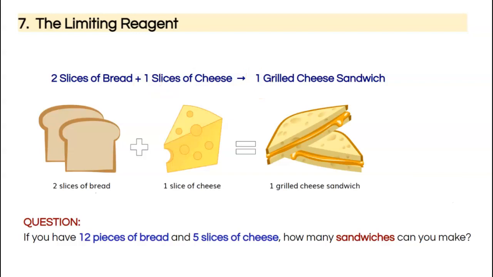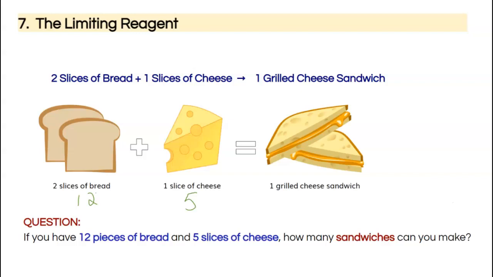And so let's say that I had a bunch of friends over and I was looking to make a bunch of grilled cheese sandwiches, and I saw that I had 12 slices of bread left and 5 slices of cheese. I would need to think about what is the maximum number of grilled cheese sandwiches that I can make given the amount of reactants that I have and the proportions in which they react.